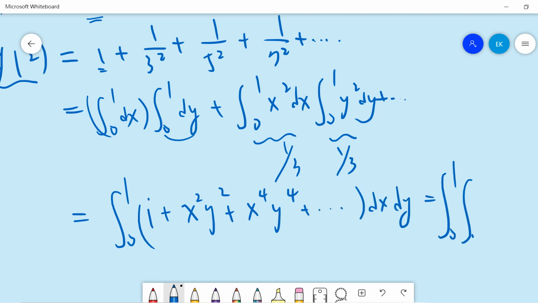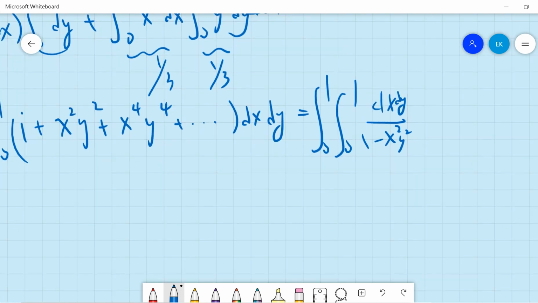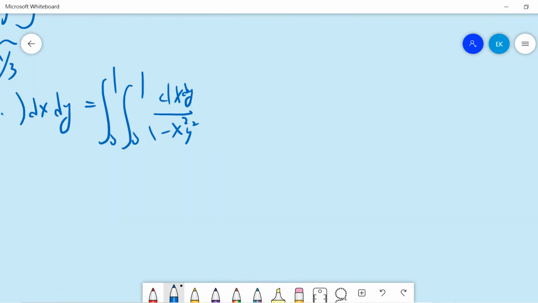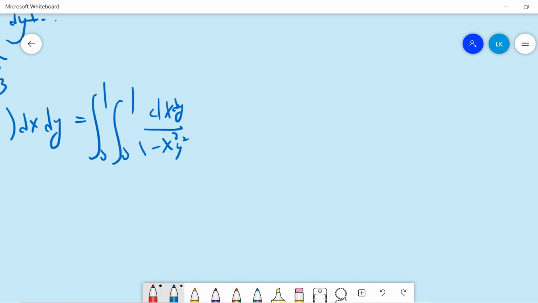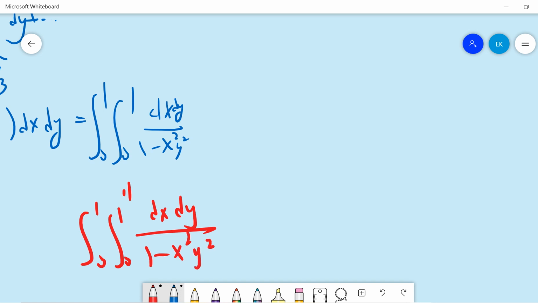So basically you write it as a geometric series, 1 over 1 minus x squared y squared dx dy. The amazing thing is if we can do this integral. Let me write the integral carefully. It's this one, right? If I can do this, then I can get the answer.